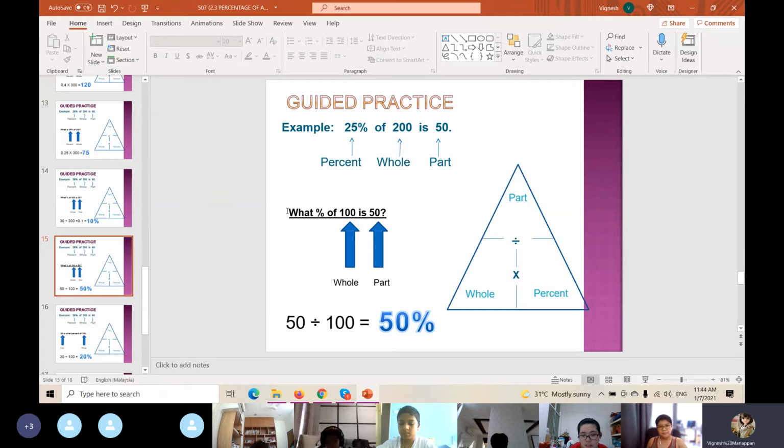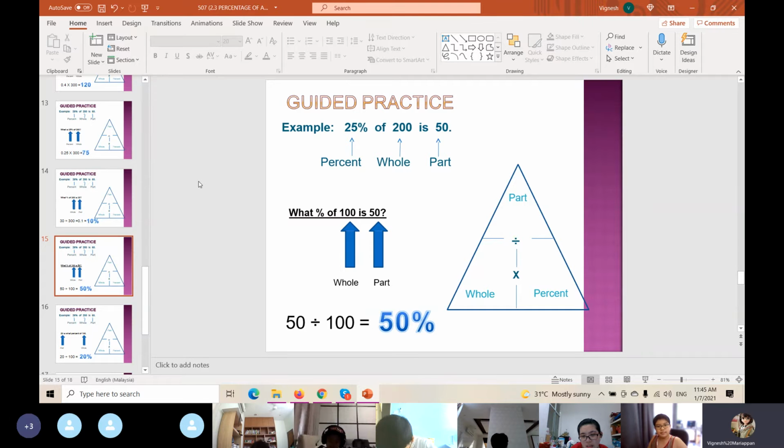Percentage of 100 is 50. Yes. The whole is the given. Part divide whole. Very good. What is the value for part? 50. Okay.